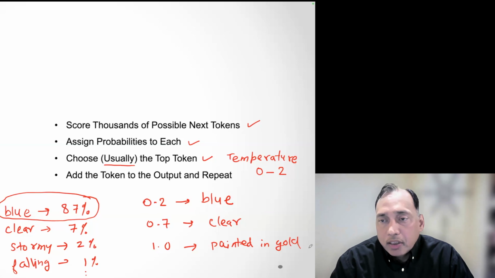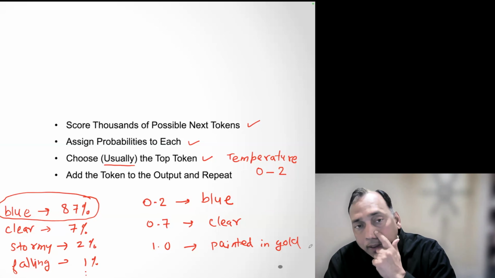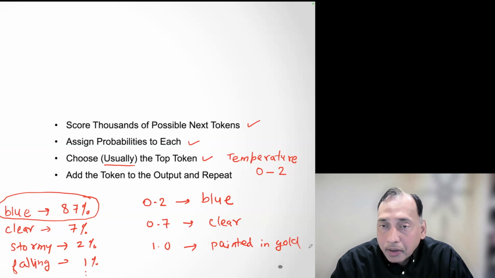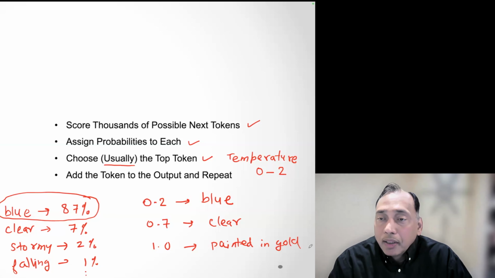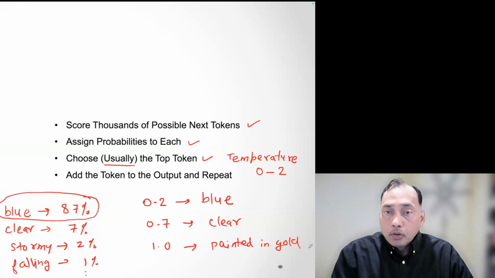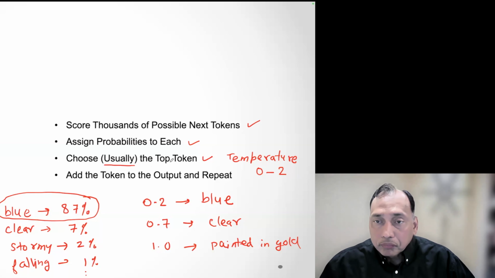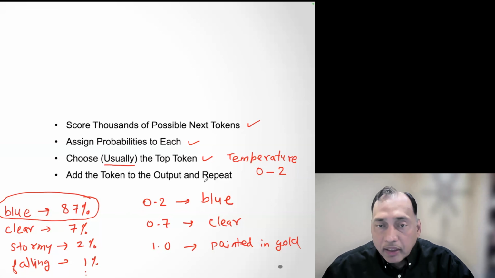In different situations, you may want it to behave differently. If it is a calculation, 2 plus 2 should always be 4. But if you are asking GPT-4 to create a poem, you don't want the same thing again and again. So it usually goes with the top token, but sometimes it can be creative.